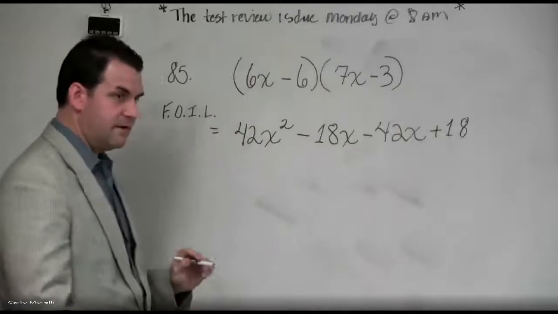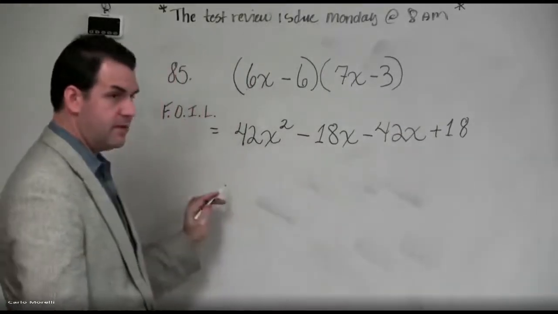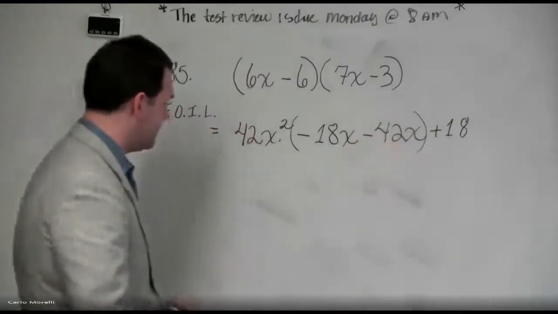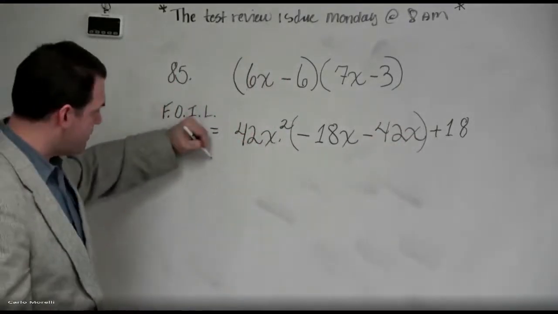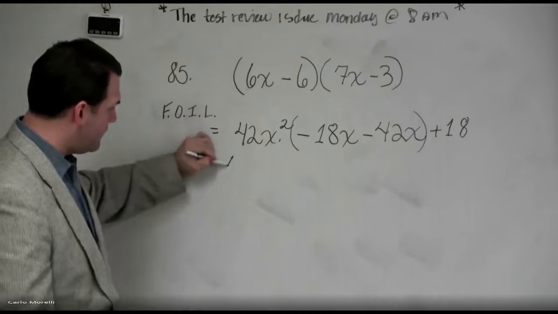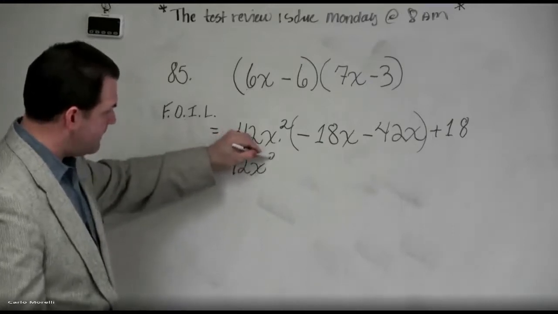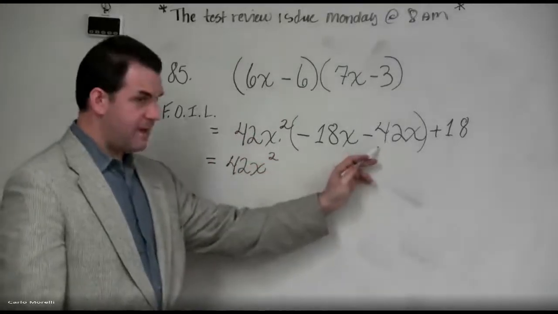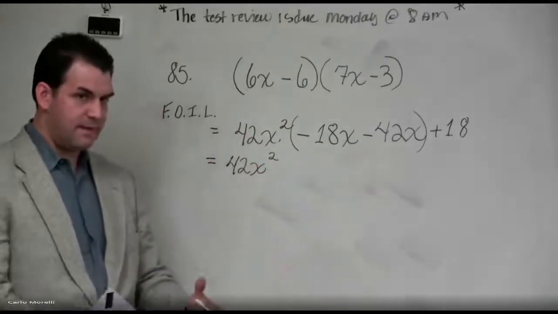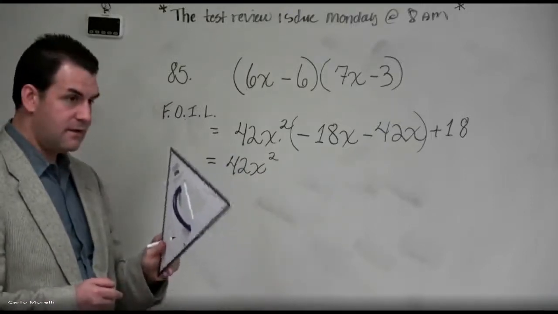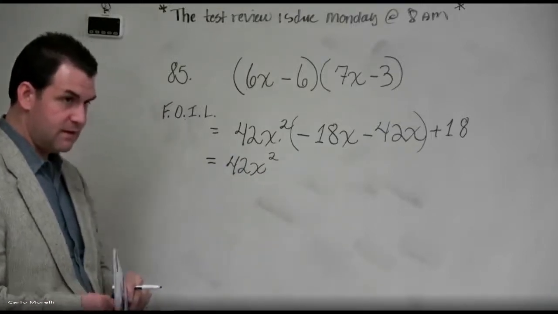Okay, now I want to tell you something. Every single time you do these, the middle terms can be combined. All right, even when we show it using the box method. So we just rewrite the 42x squared. And then these are both negatives. So when you combine them, they're going to get bigger in the negative sense. And I heard it, -60, right? Good.